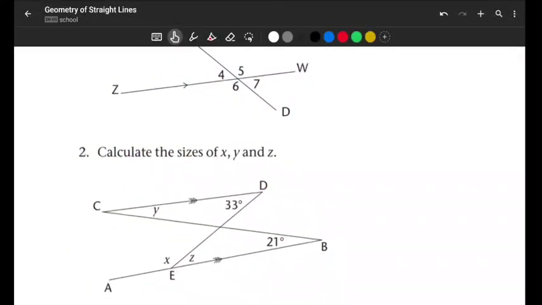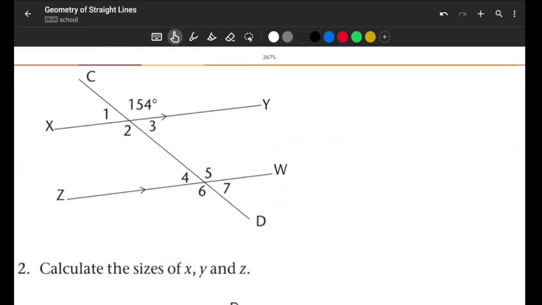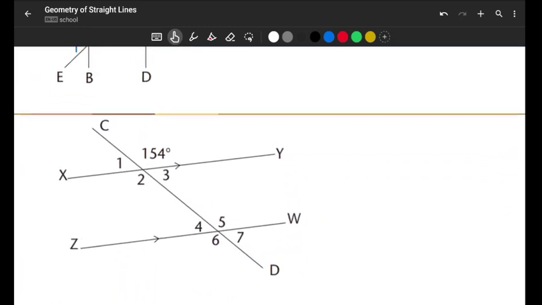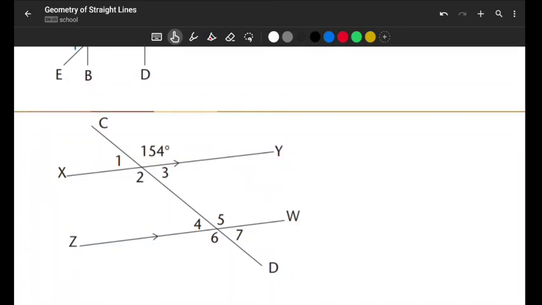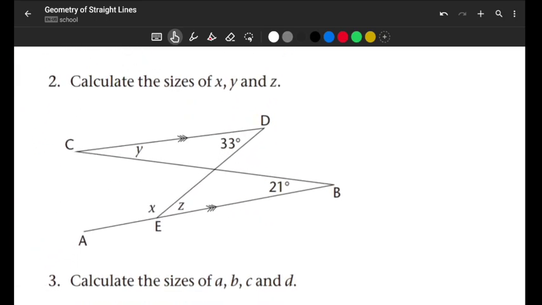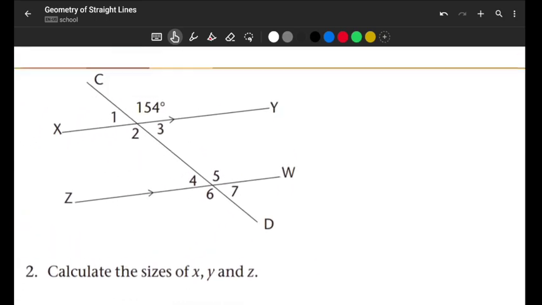Perfect. For the last two, I hope at this point you at least have some understanding of how we use these, right? For this one, we're going to try and use all of them to get to the answer. You see, this is a long one.